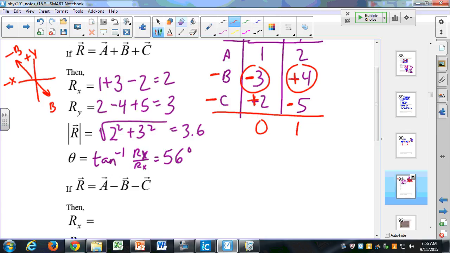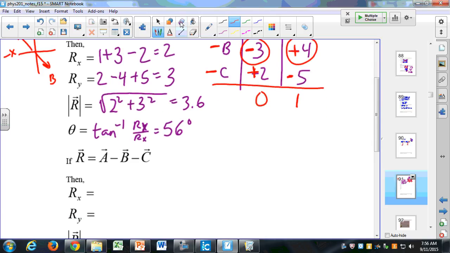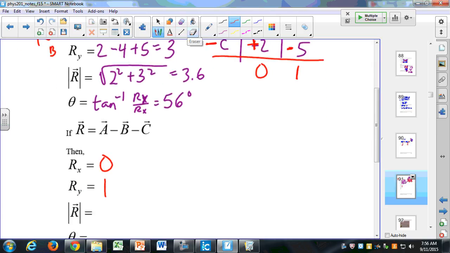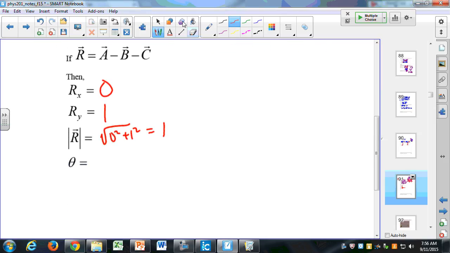Let's see, so what is the magnitude of this vector? It's just going to be 1, right? Square root of 0 squared plus 1 squared is square root of 1, so it's going to be 1. And what's the angle of the vector? Let's draw it, and then you'll see it.